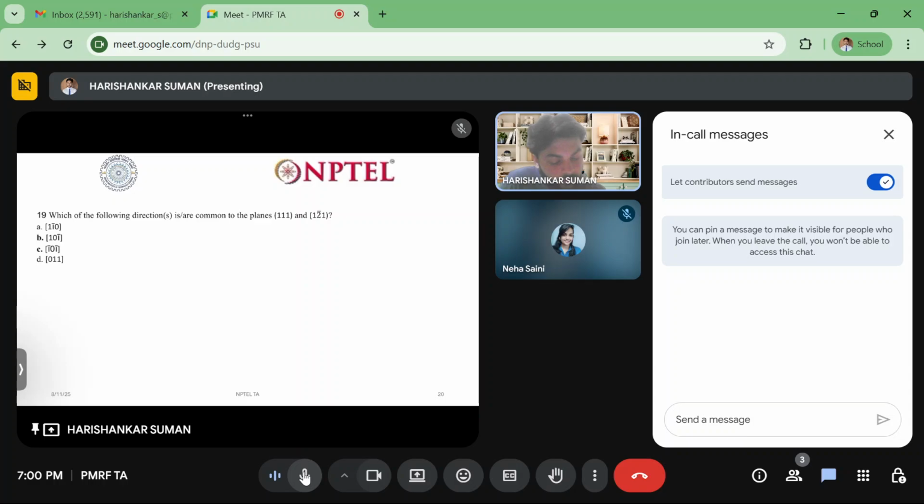Next question: which of the following directions are common to the planes (111) and (1 -2 1)? How can you find the common direction of these two planes?